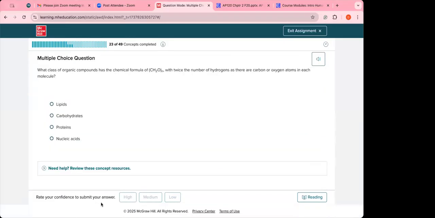What class of organic compounds has the chemical formula of CH2O with twice the number of hydrogens as there are oxygen atoms in each molecule? CH2O, the class of organic compounds. Okay, let me look it up.